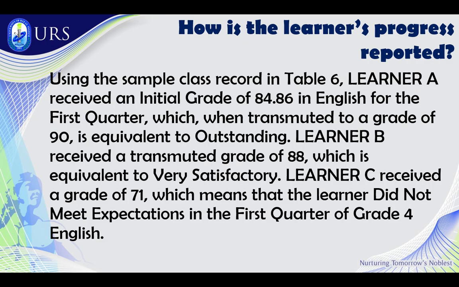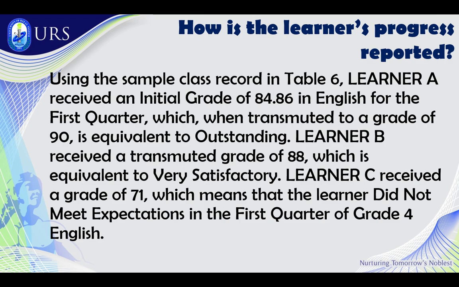So, using the sample class record in table 6, learner A received an initial grade of 84.86 in English for the first quarter, which, when transmuted to a grade of 90, is equivalent to outstanding.